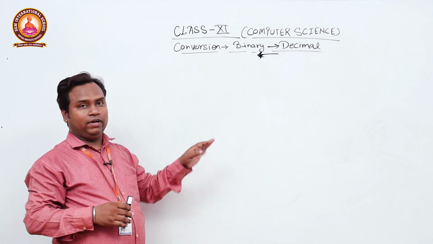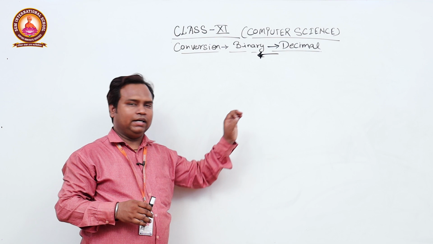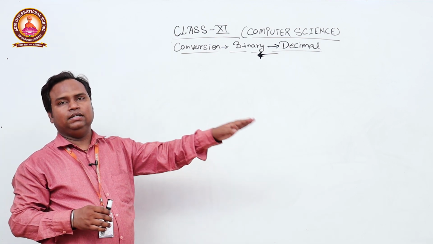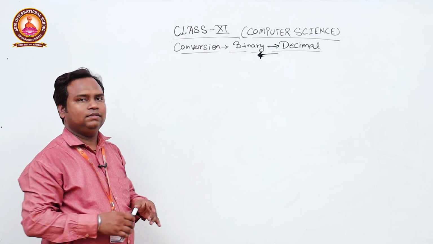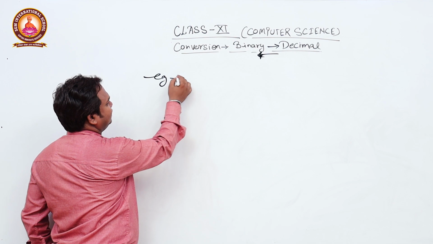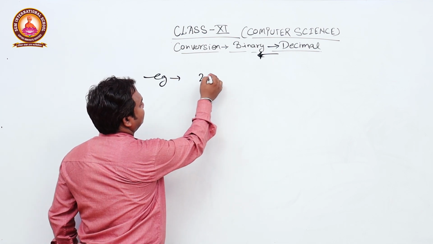Got it? First one is binary to decimal, that is already discussed. Next one is vice versa, means decimal to binary. Take an example. Example is 21.